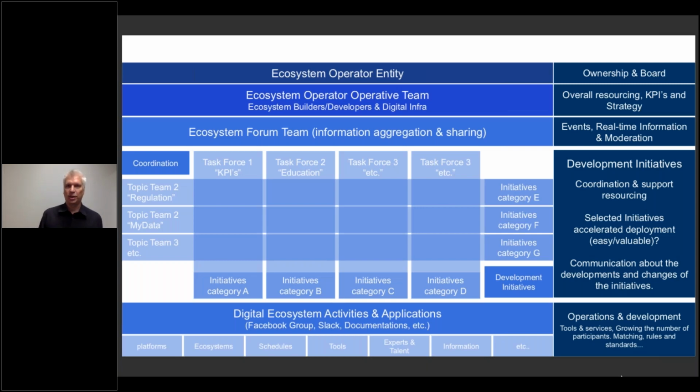The ecosystem operator comes into the picture to look at how to properly maintain that information visible to everyone, how to be a contact point to introduce the right people to the right topics when new things come into play, but to do that in a neutral manner, just making sure that whatever the ecosystem forum puts on the plate keeps moving forward.